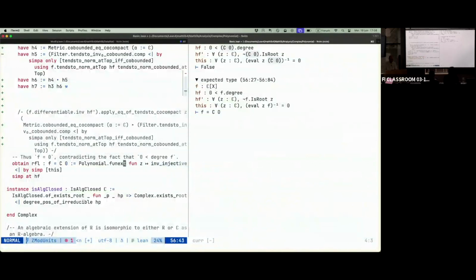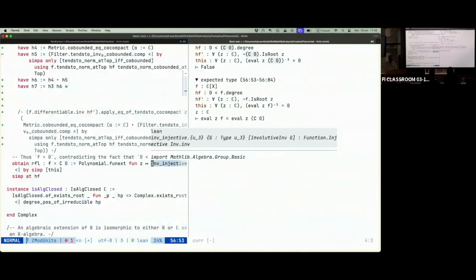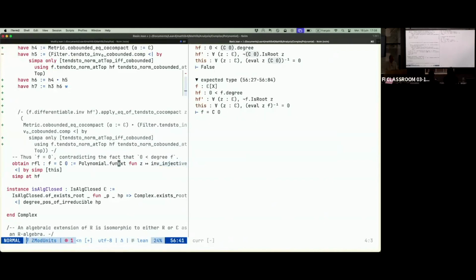So if the function here is injective, it's really saying that the function from the complex numbers to itself that sends z to 1 over z if z is non-zero, and 0 to 0, is injective. It is even bijective. So I think it's doing that.